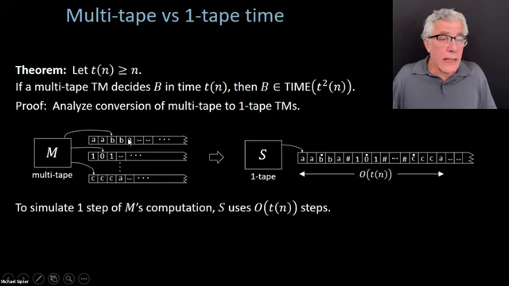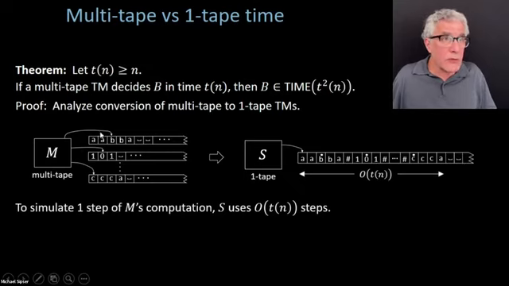M, if it's trying to use as much tape as possible, can use at most T of n cells on each of its tapes. So altogether, there are just some constant number of times T of n cells on S's tape.